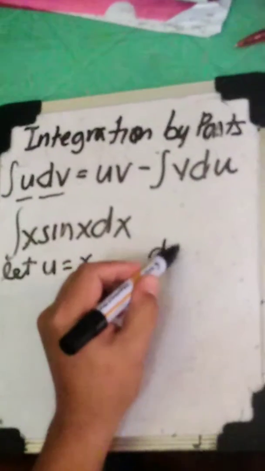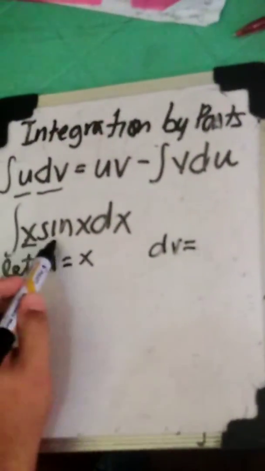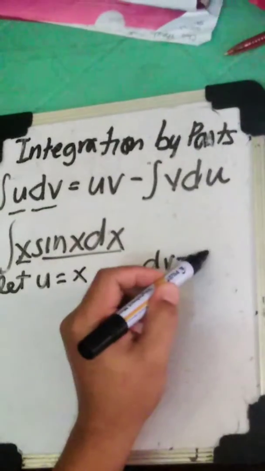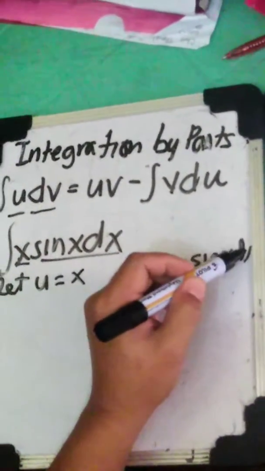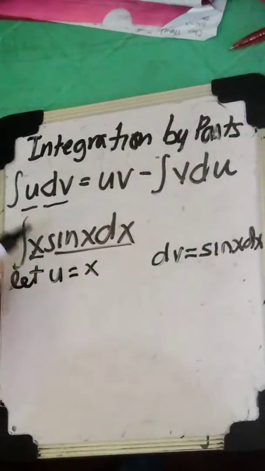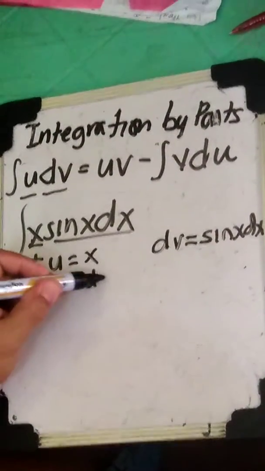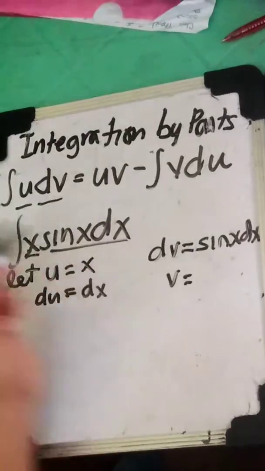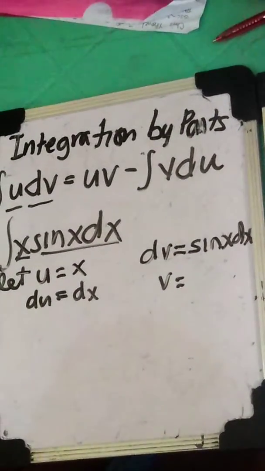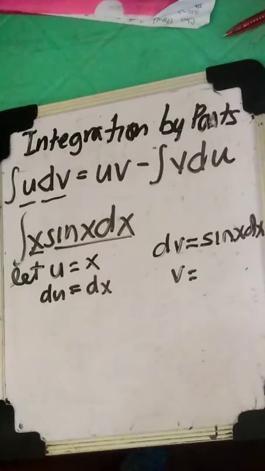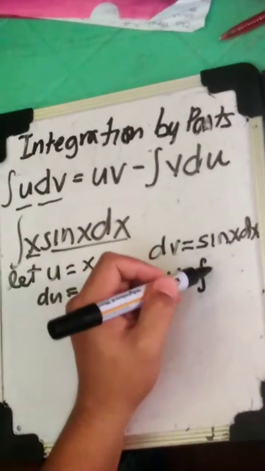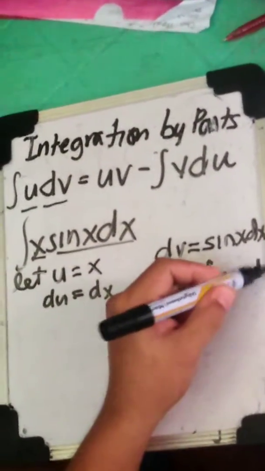But first, let's have u equals x. The rest will be your dv, which is sine x dx. If u is x, du equals dx, and if dv is sine x dx, to find function v, the process must be integration.